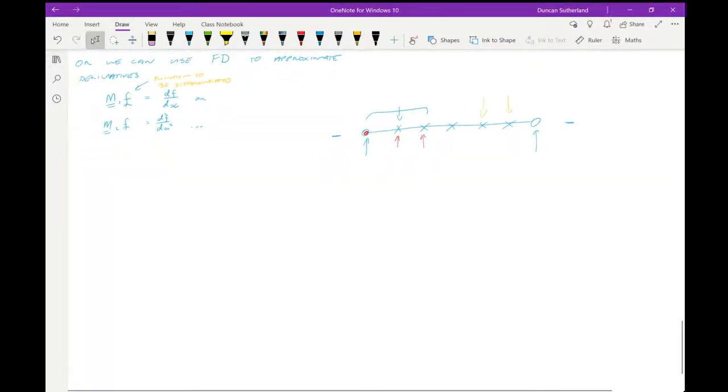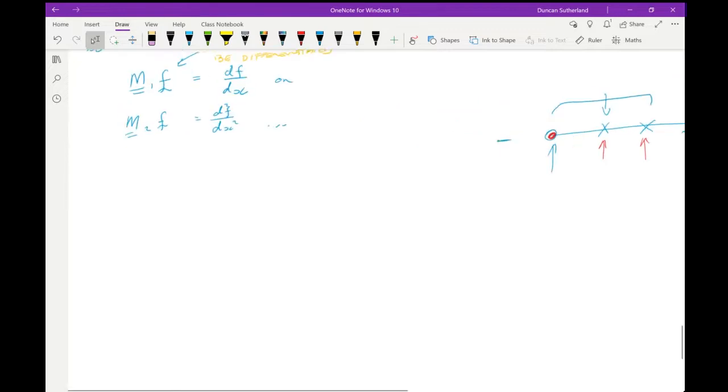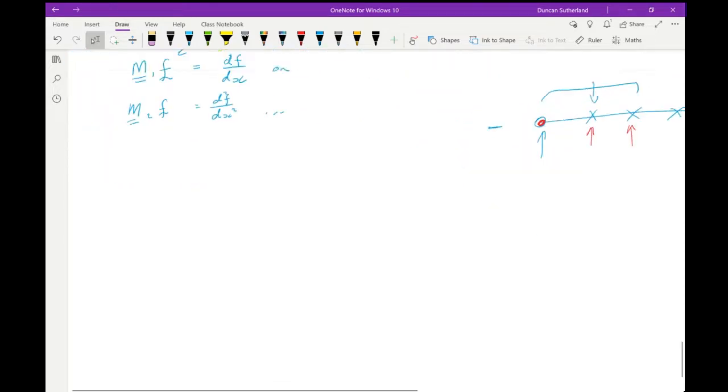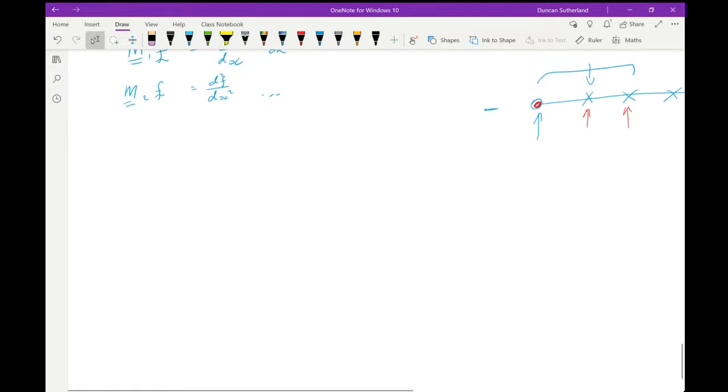So we'll derive a forward approximation. And let me just check. I'll just do the, let's think of a nice simple one.